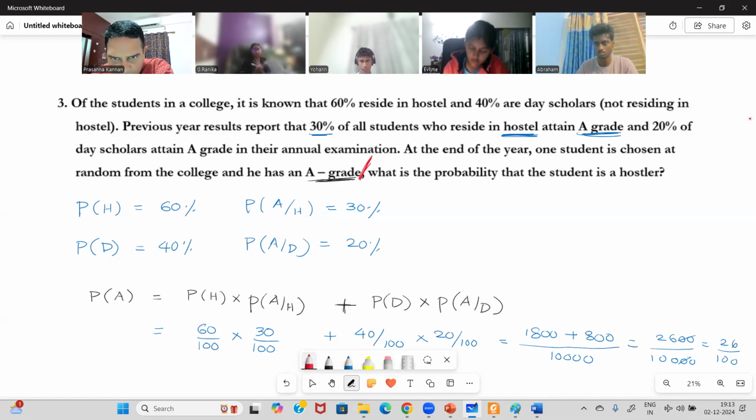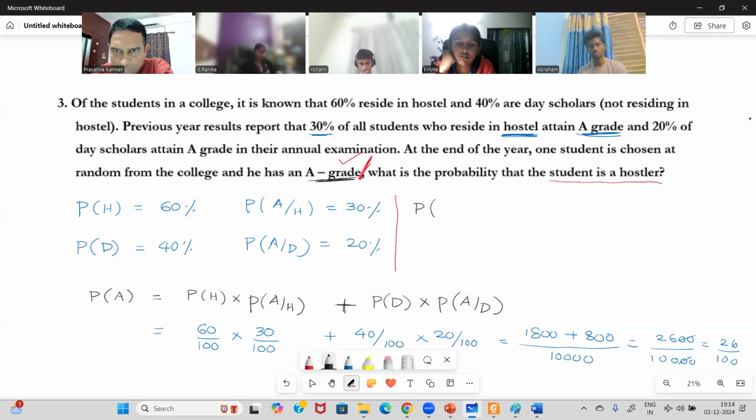Now, Evelyn, can you take me further and tell me what is asked here? What is the probability that the student is a hostler given that... What is asked, Evelyn? Given that he gets an A grade. Very good. So, how do I write it in symbol? So probability of A by H. No. See here. Find the probability that he is a hostler, correct?